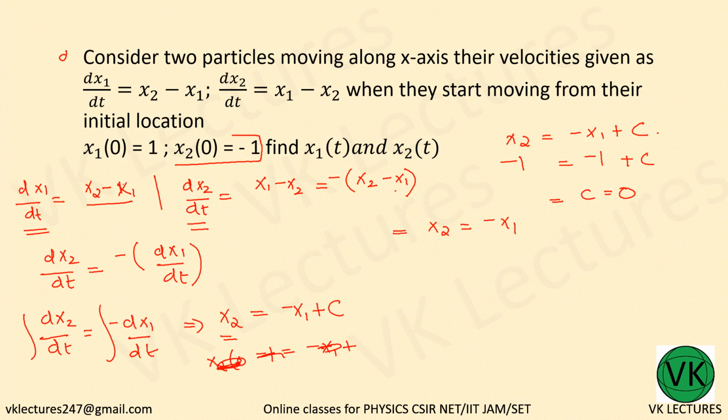So this is my equation, x2 equal to minus x1 or x1 equal to minus x2. Now come back to our original equation, dx1 by dt equal to x2 minus x1.